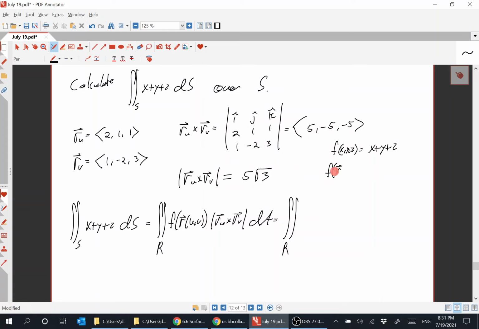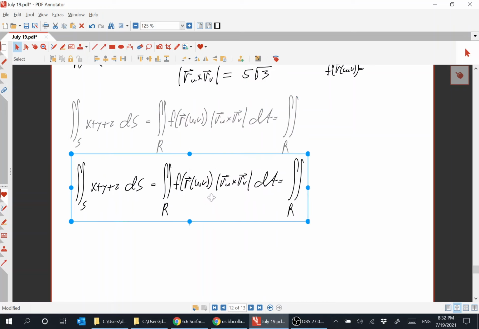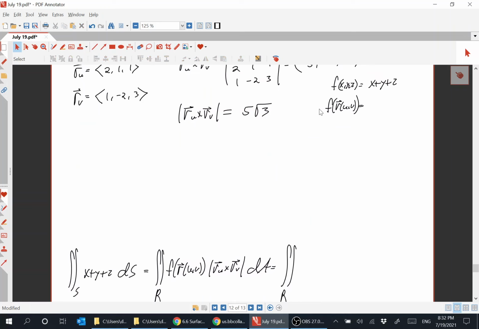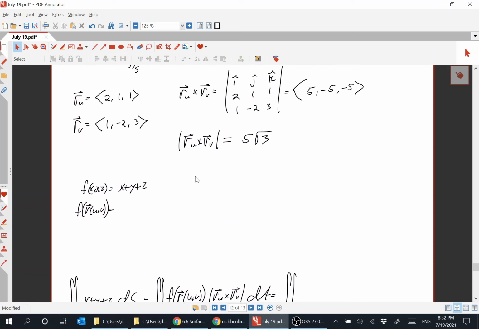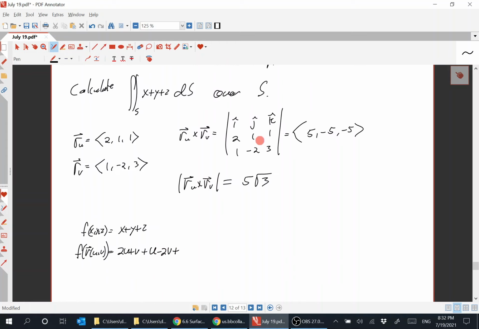So f of r(u, v) is equal to, x is 2u plus v, y is u minus 2v, z is u plus 3v.